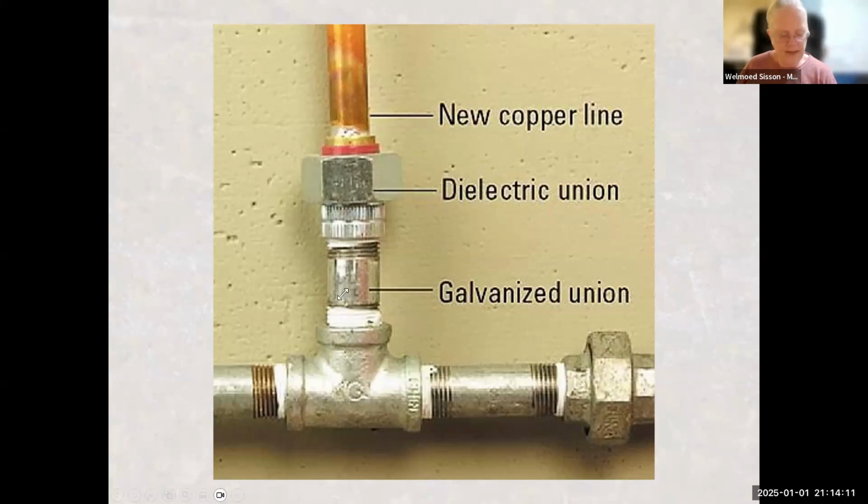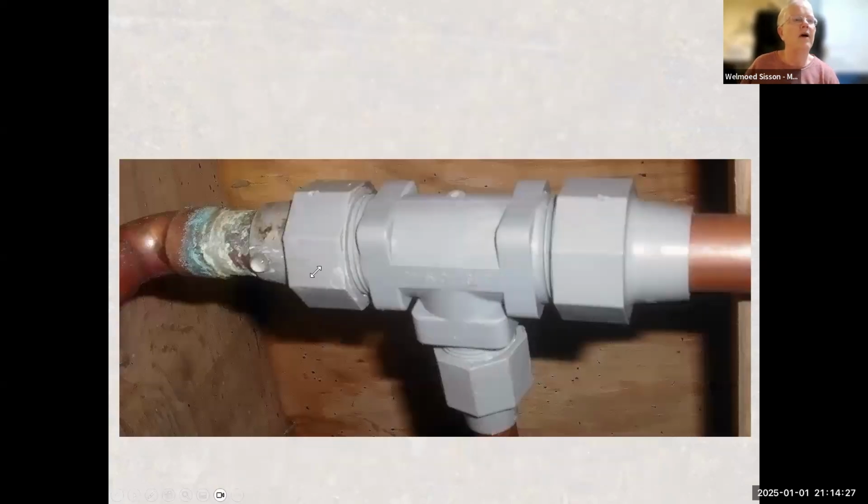Now, the problem with that is that because this breaks the flow of electrons, it also interrupts the bonding between these two pieces of metal. We see it most often when you have plastic fittings used to repair copper pipes poorly.